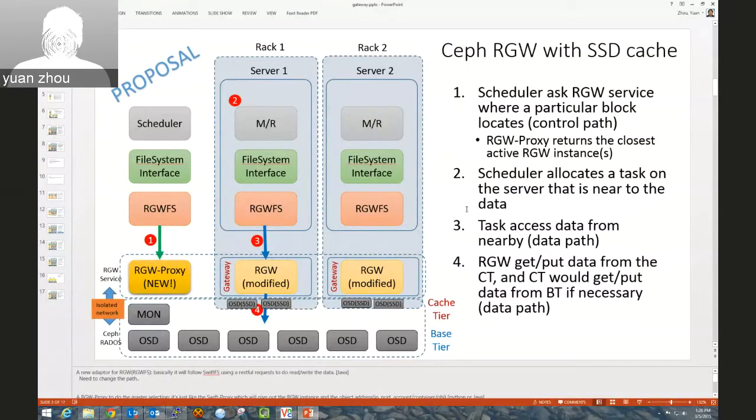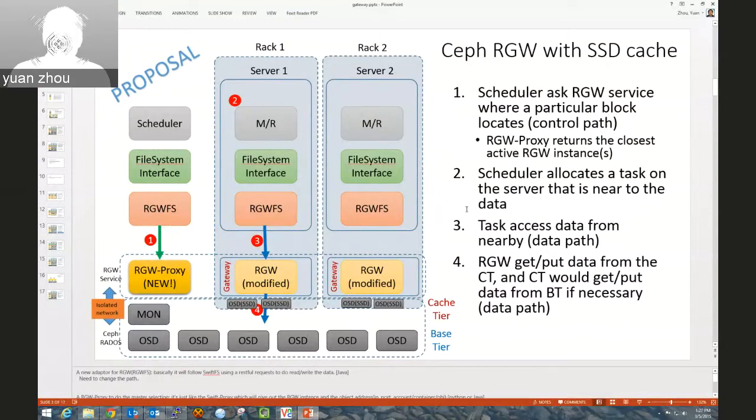So here is a general working flow for Hadoop over Ceph Rados Gateway. The first step is the scheduler asks the RGW-Proxy for the closest active Rados Gateway instances for this job. The second step is the scheduler allocates these tasks to the servers that are near to the data, which means near the Rados Gateway instances.